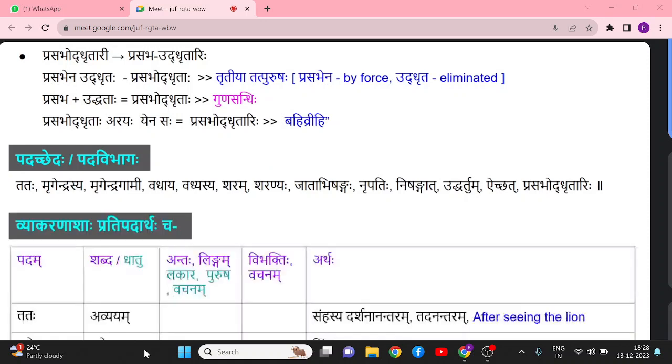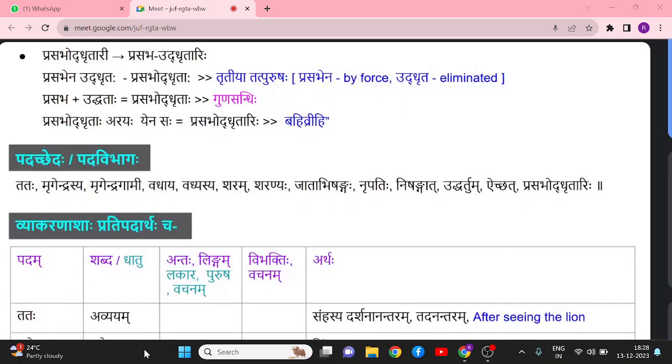Let's see the vyakarana. Tatah, vyayam: that means after seeing the lion, he was looking at the mountain, the cry made him look at the cow, and we saw how he visualized that cow, as if there is a fully bloomed lodhra tree on the mountain with red minerals. So immediately after that sight, he wanted to kill that lion.